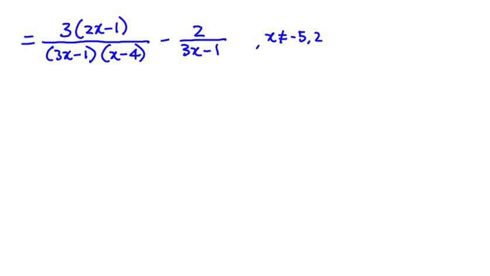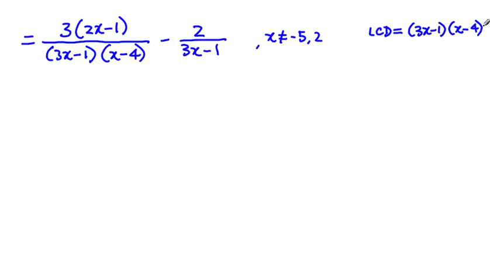The first denominator, 3x minus 1 times x minus 4. The second denominator, we only have 3x minus 1. So the LCD will be 3x minus 1 times the x minus 4.